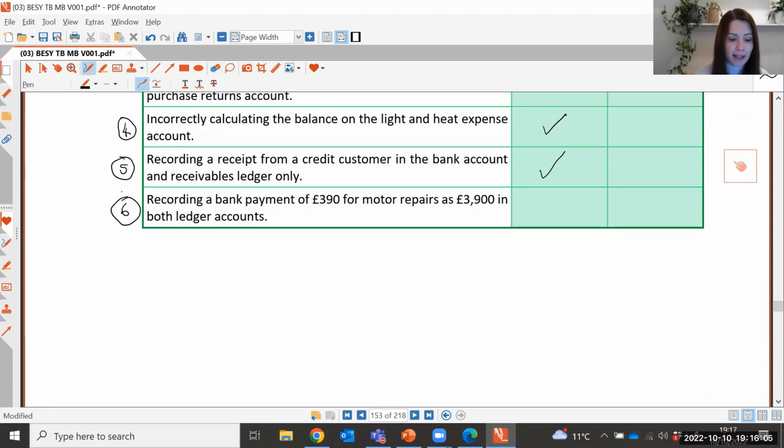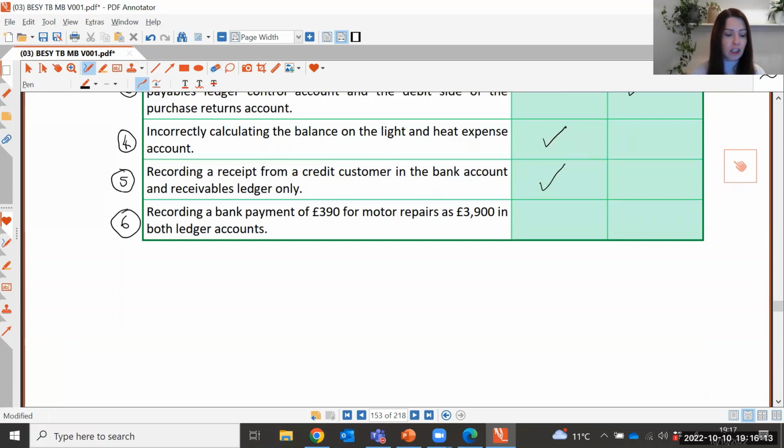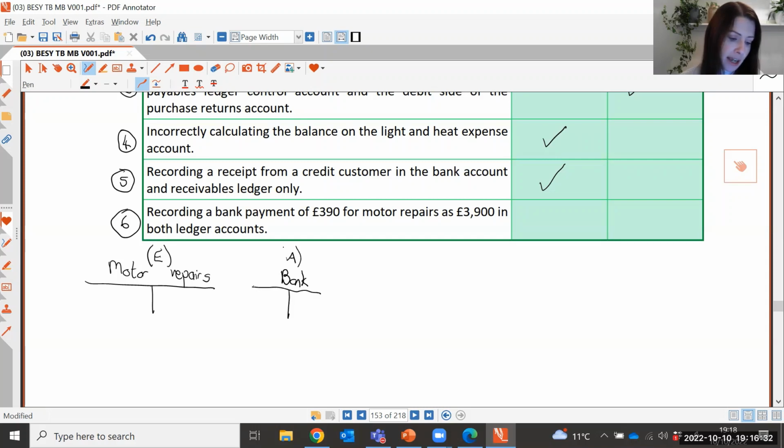So recording a bank payment of £390 for motor repairs as £3,900 in both ledger accounts. So here we've got two accounts. So we've got the motor repairs, which is the expense account, and then we will have the bank account, which is our asset account.